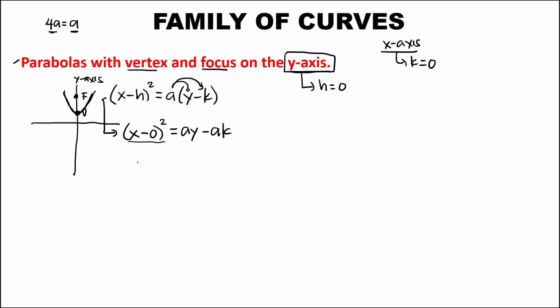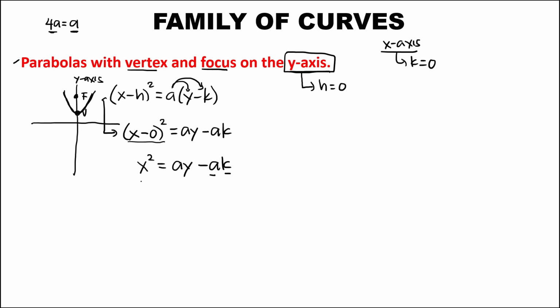Or this is equal to x to the power 2 equals ay minus ak. Then this time, to find the differential equation, since there are two arbitrary constants, a and k, we need to find the second derivative.